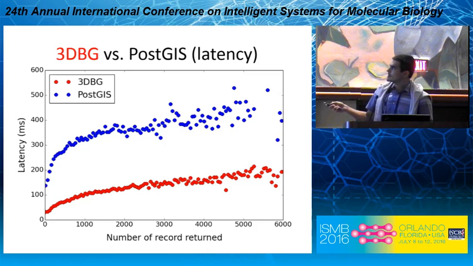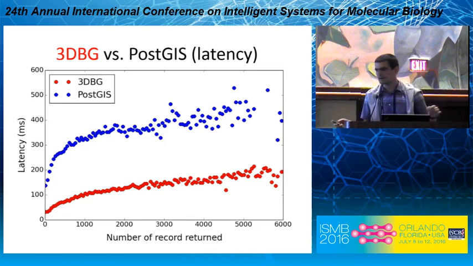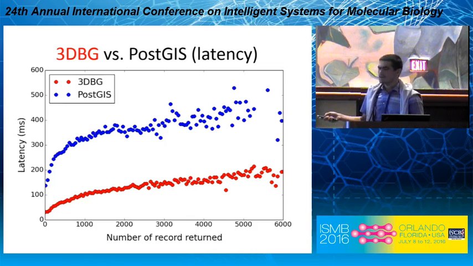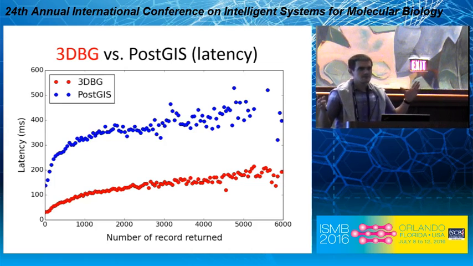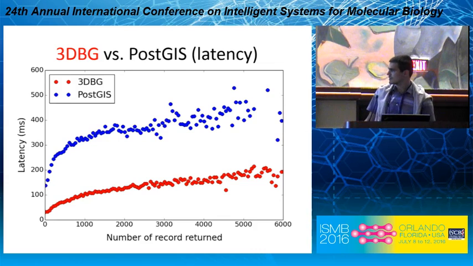We were comparing these two systems in terms of latency, and of course we were using the same amount of data, about 1.5 gigabytes. Also, we were retrieving a fixed size part of the space, and recording latency and number of records returned.